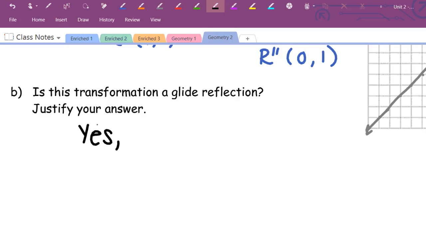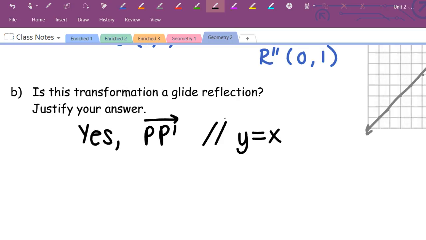And pick any of those vectors that connect the 2 points. So if I'm looking at this, we could pick any 2 that we want. I don't know, let's see, P to P prime. So P to P prime. And how does that compare to our line, or our reflection line?